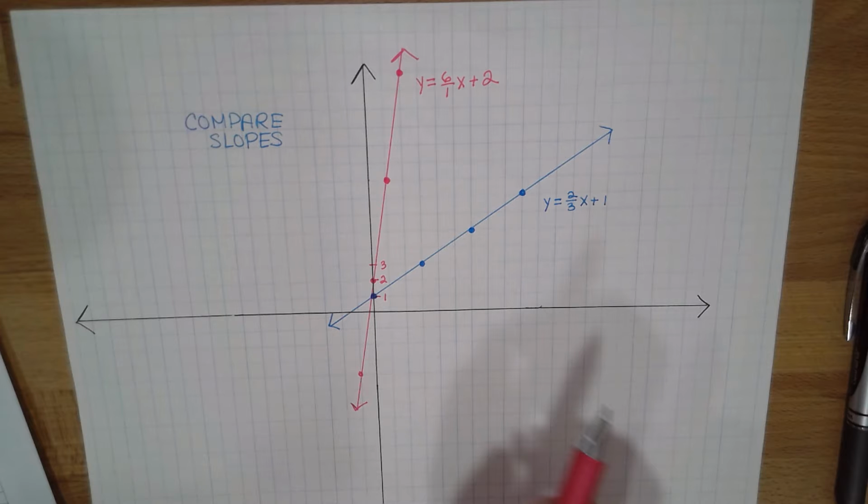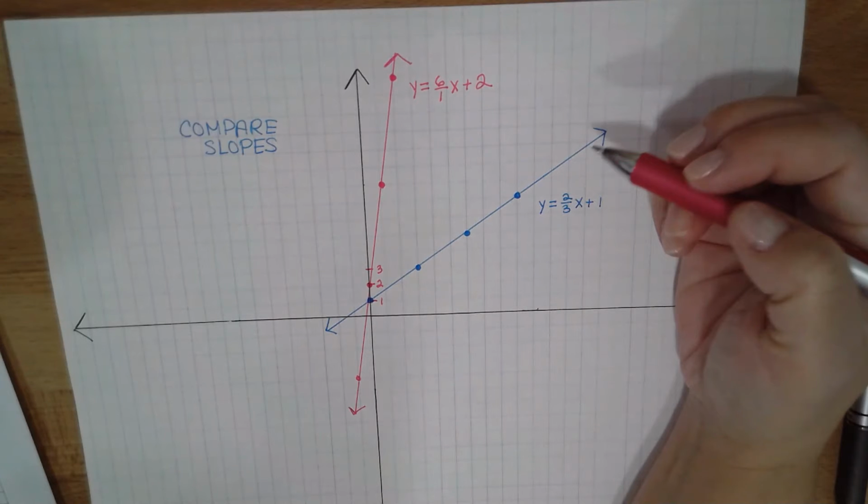When I ask you to compare them today, I want you to look at these and determine which one is steeper, right? Now, I know a lot of you ski or snowboard. I'm not a huge fan. So I would ski down that one, right?